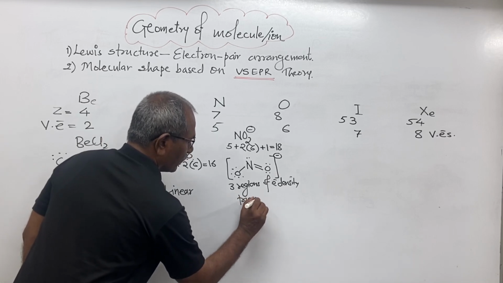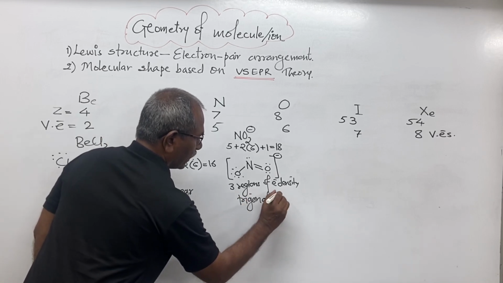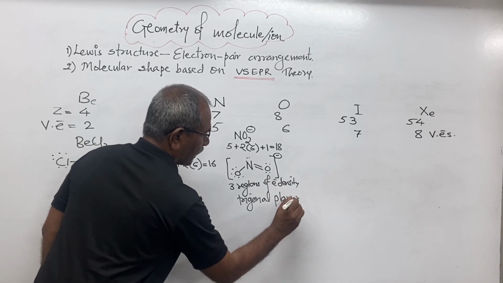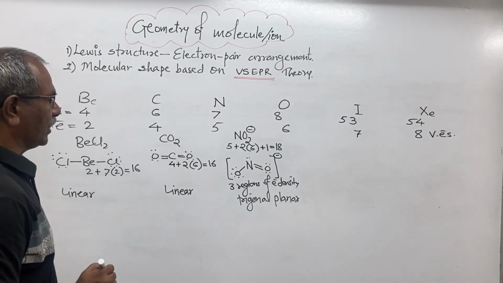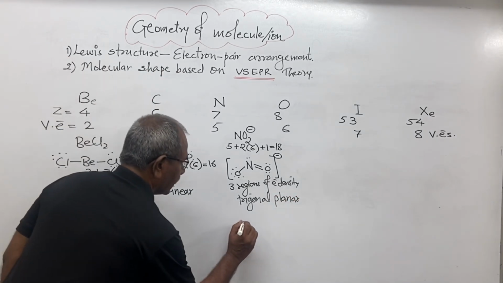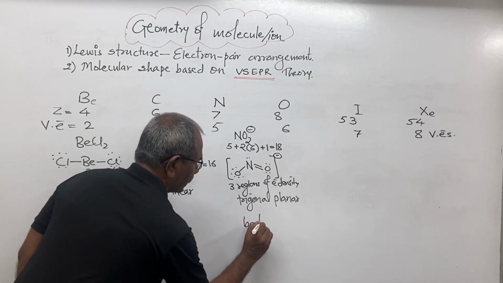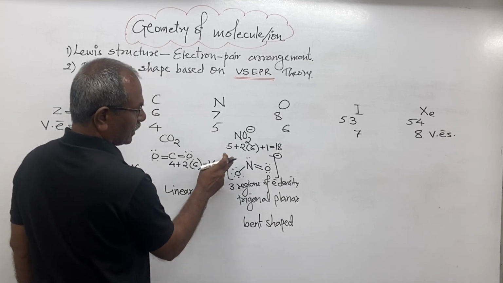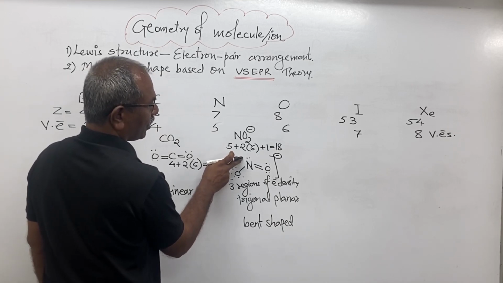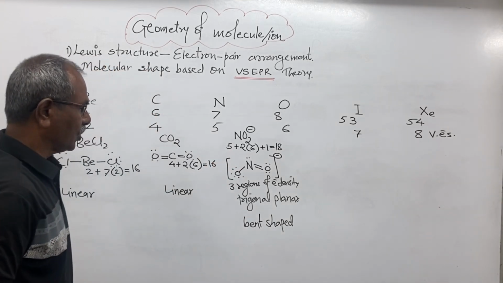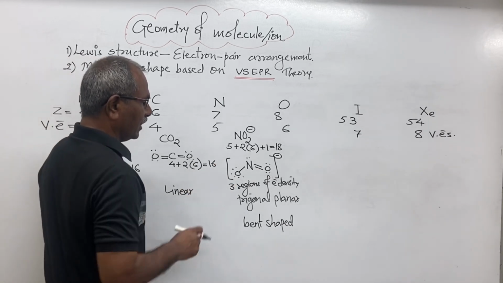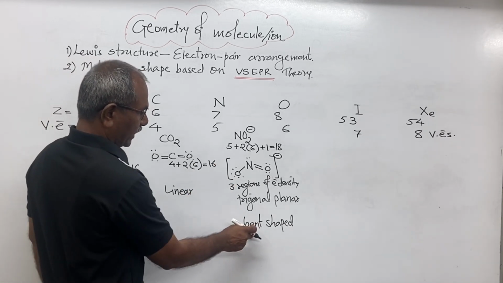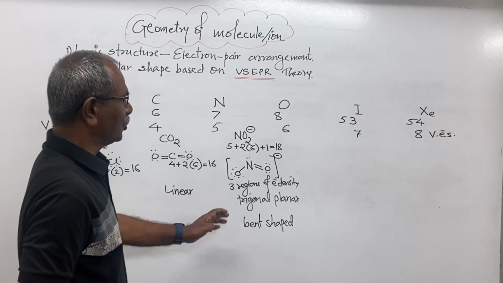But the actual geometry of this molecule is bent shaped. Why? Because of the presence of a lone pair of electrons on nitrogen. So there is a decrease in the bond angle, so it has a bent shaped geometry.